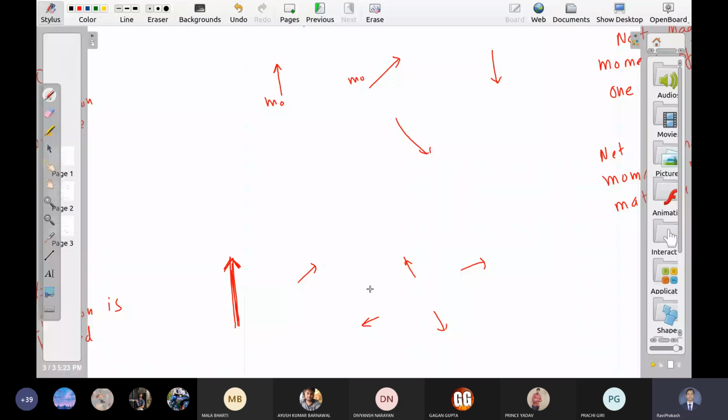What do you expect will happen to these magnetic moments? If you put some random moments in an applied field, what will happen? Any answer?